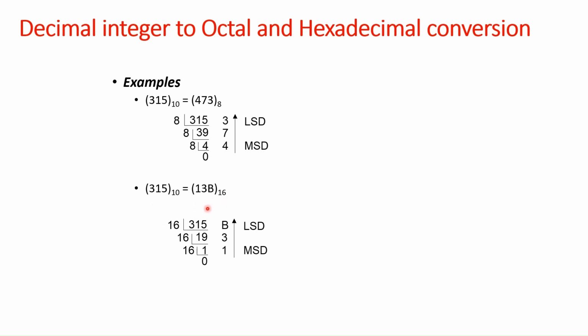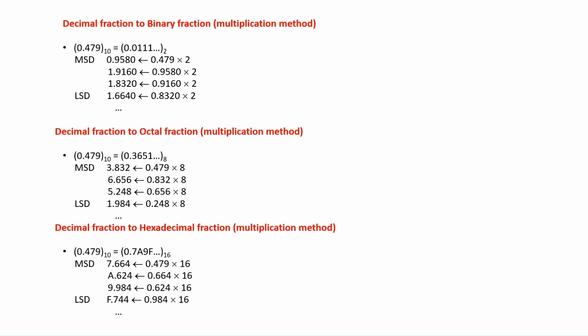Similarly, for hexadecimal conversion, we are dividing the decimal number by 16 repeatedly, and we are getting the result 13B in hexadecimal. So this is about the integer part. Now for the fraction part, it is the multiplication method. Suppose we have to convert 0.479 in decimal to binary.